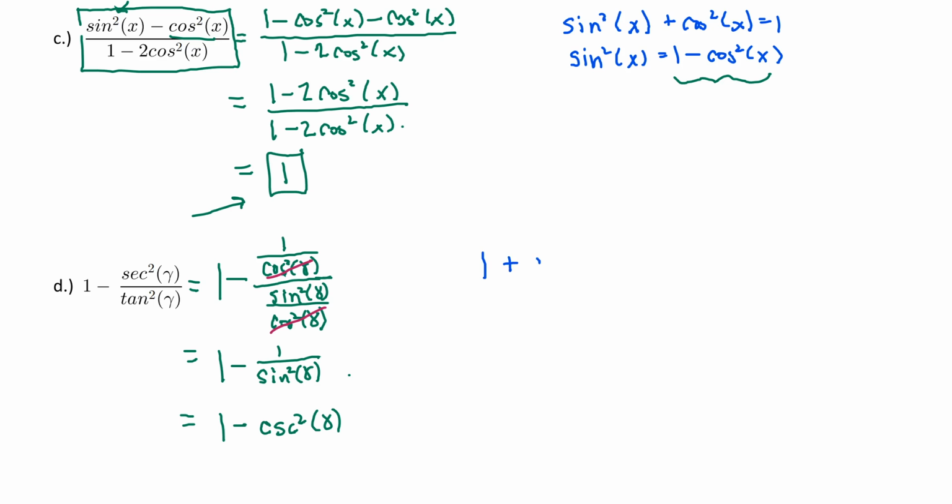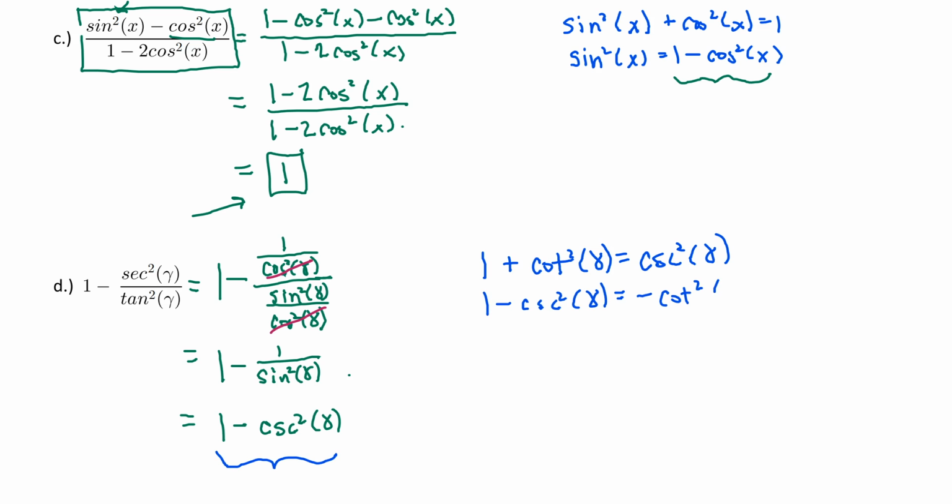We know that 1 plus cotangent squared of gamma is equal to cosecant squared of gamma. So I'm going to manipulate the left side of this equation to match what we have over here. This means I need to subtract cosecant squared of gamma from both sides of the equation, and we need to subtract cotangent squared of gamma from both sides of the equation.